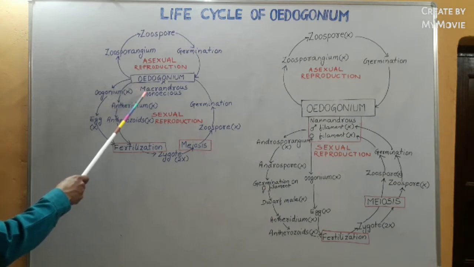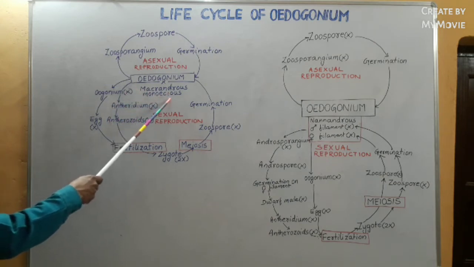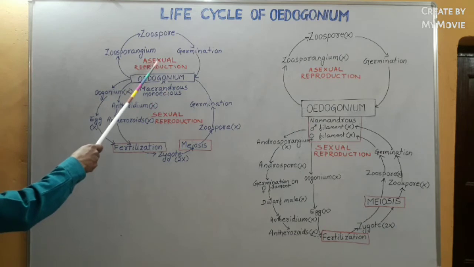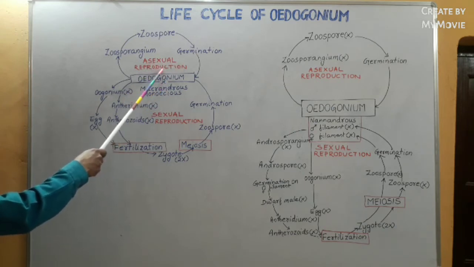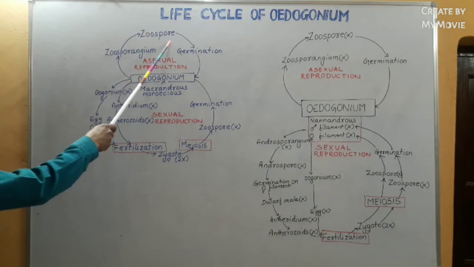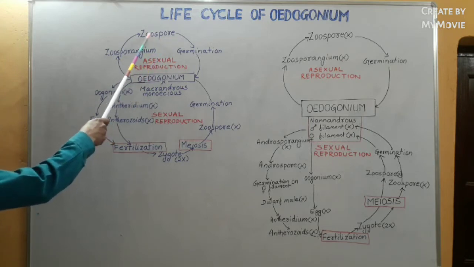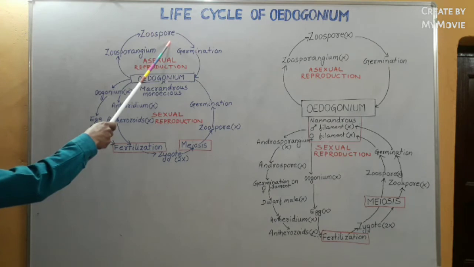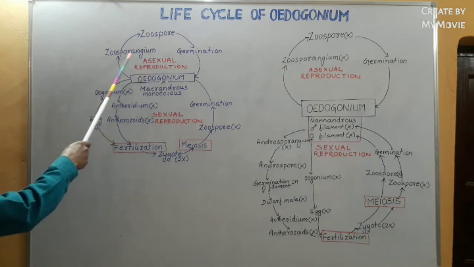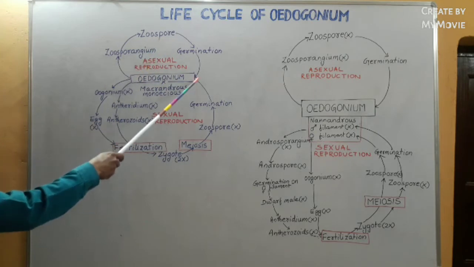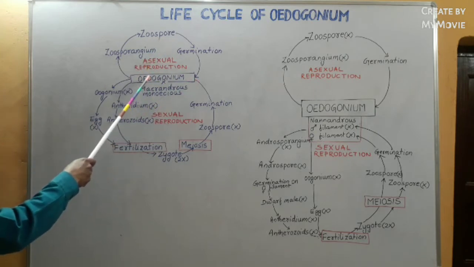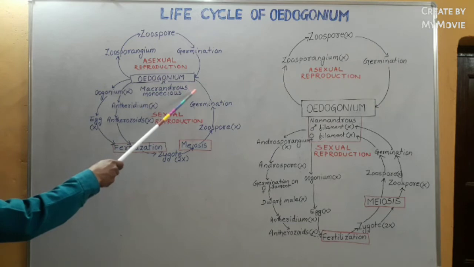Next, this Macrandrous monoecious species also reproduces asexually. Asexual reproduction occurs by the formation of zoospore, and the zoospores are formed in specialized structure known as zoosporangium, and the zoospore can germinate to form a new filament of Oedogonium.